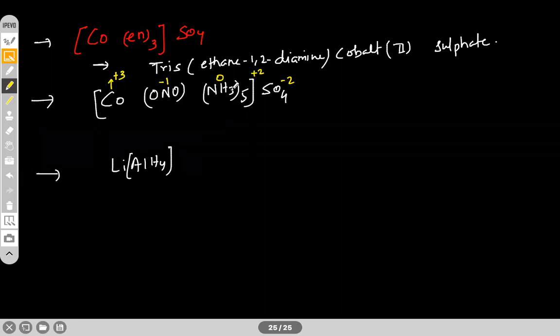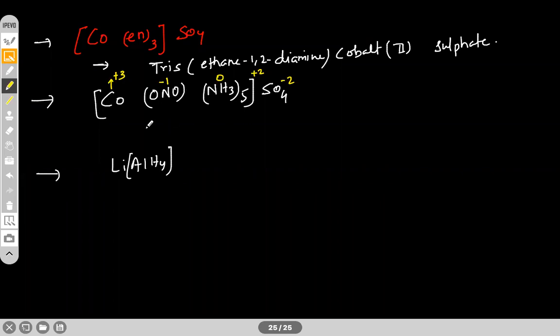So this one is pentaammine, and this one is nitrito-O. ONO is written. It means oxygen is the donor atom here. So we'll write nitrito-O. If NO2 is simply written, then nitrogen is the donor atom.